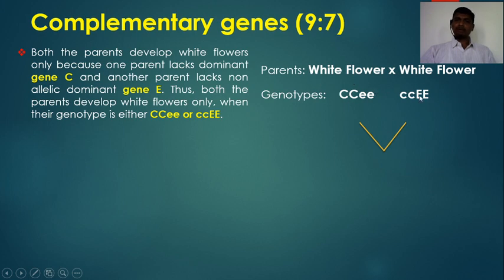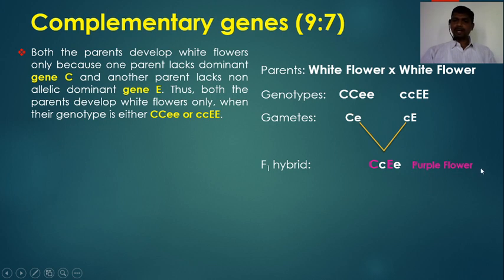Now such white flowered parents are crossed with one another to produce the F1 progeny. The gamete from the first white flowered parent is capital C, small e, and from the other parent small c, capital E. These gametes fuse in the process of fertilization to produce the F1 hybrid having genotype capital C, small c, capital E, small e, and the resulting phenotype is purple flowered.